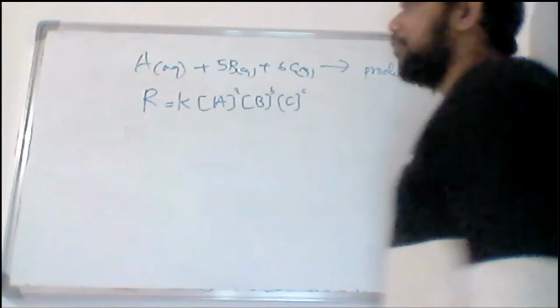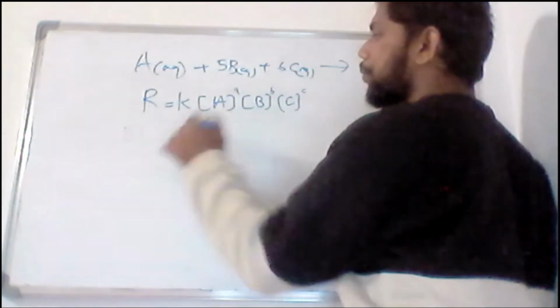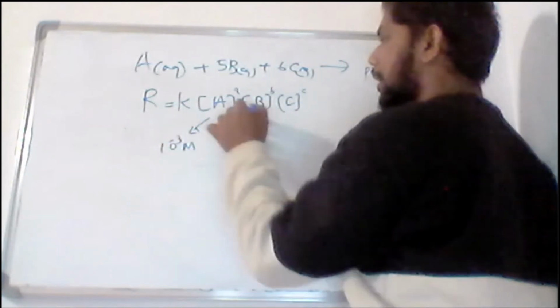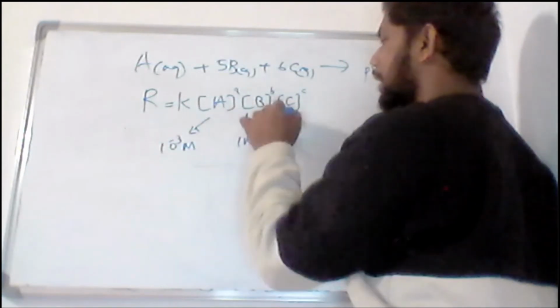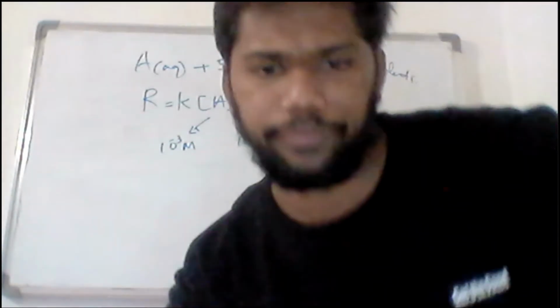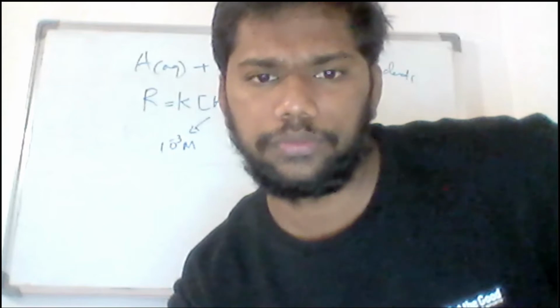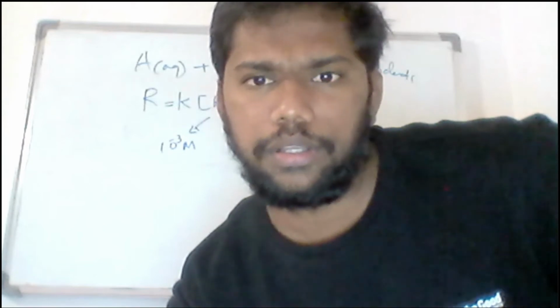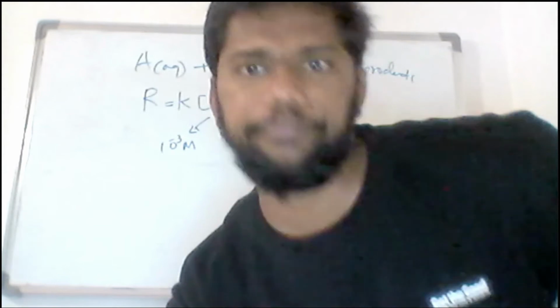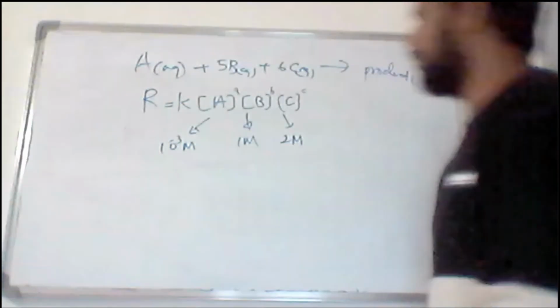Now in this one, what they have done here is use the concentration of A as 10 to the power minus 3 M, B as 1 M, and C as 2 M, I guess. Yes, C is 2 M, right?